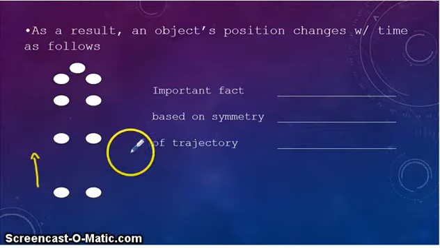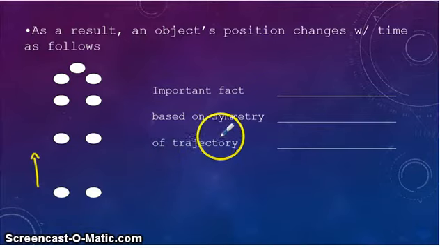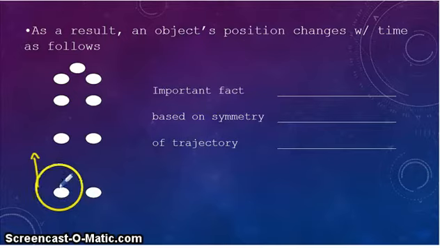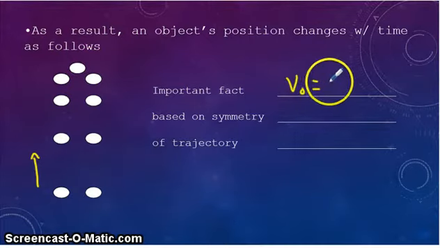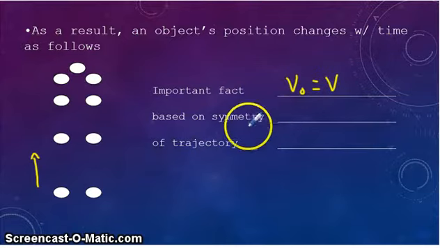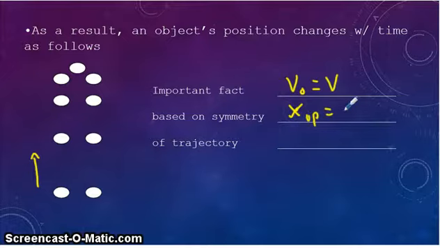Okay, so important facts based on the symmetry of the trajectory: because it's going to slow down at the same rate that it speeds up, the initial speed that I throw it with is going to be equal to the speed it lands with. And likewise, the displacement that it moves through on the way up is going to be equal to the displacement that it moves through on the way down.